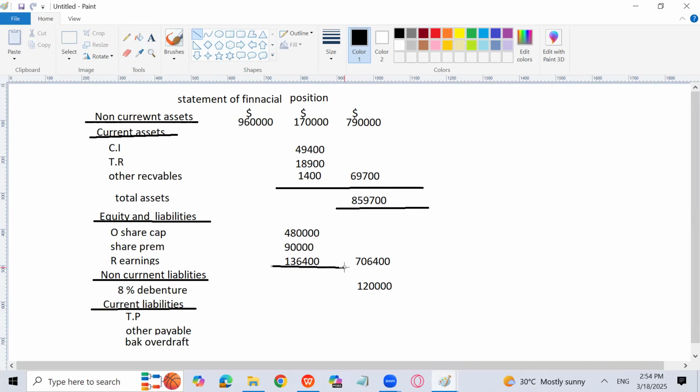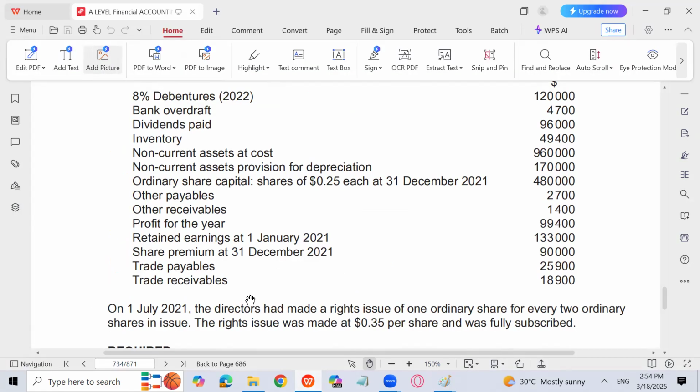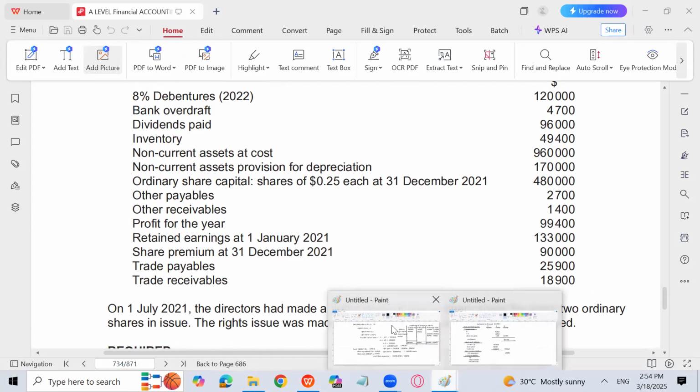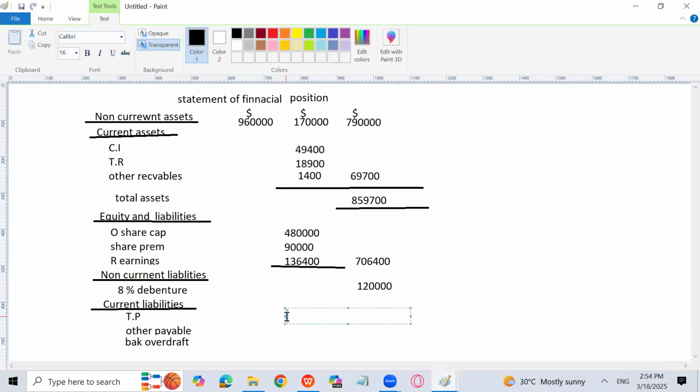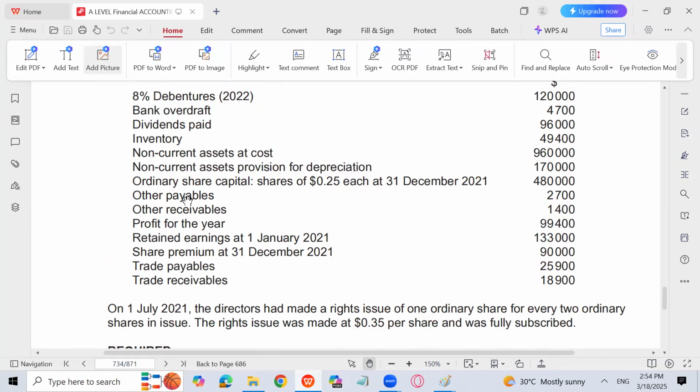Right, so let's see what is the amount of the trade payables. Trade payables are given here, and the amount is 25,900. Let's see the amount of other payables. Other payables are given here and the amount is 2,700.